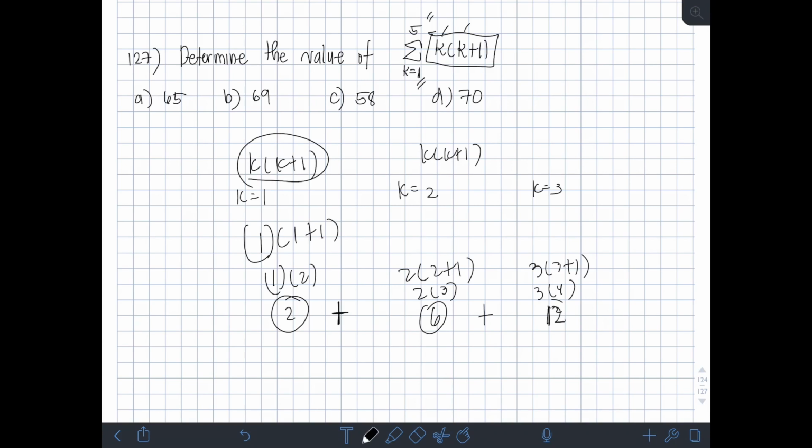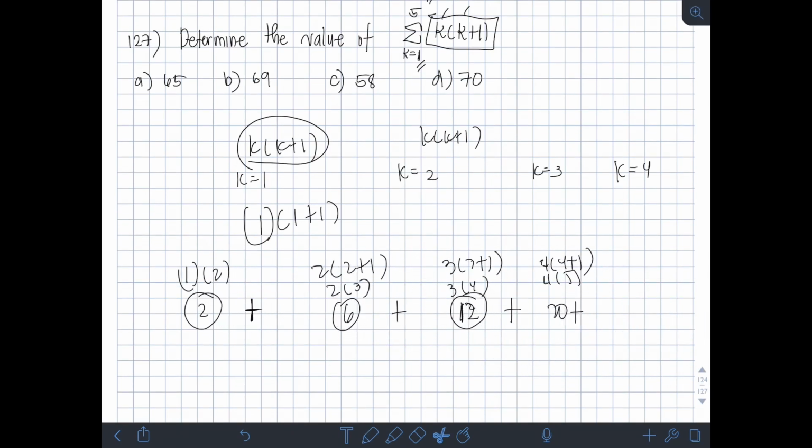So, plus 12 plus, pag k naman is 4, magiging 4 times 4 plus 1 or 4 times 5 or 20. Plus, lastly, pag k is 5. So, 5 times 5 plus 1 or 5 times 6 or 30.